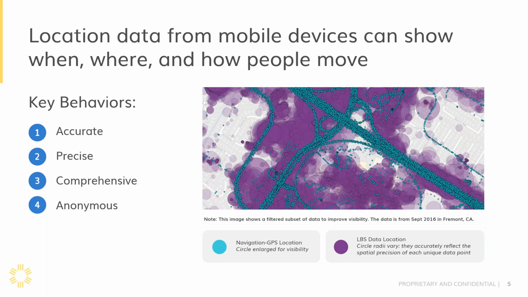So one of the advantages of location-based data is that it can show where, when, and how people move throughout a city. This slide is showing two sets of data displayed on a map within the city of Fremont, California. The seafoam green color is from navigation GPS locations, which, as I mentioned, come from vehicle data, and the location-based data is more personal type data.